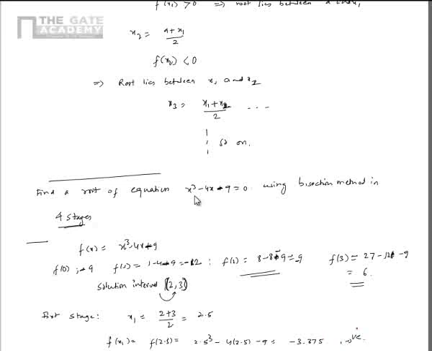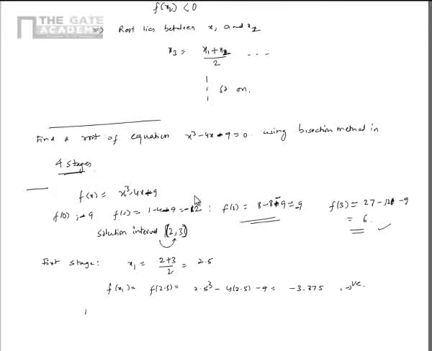So f of x1 is negative, f of 2 is negative, and f of 3 is positive. So now we know that the root lies between x1 and 3.